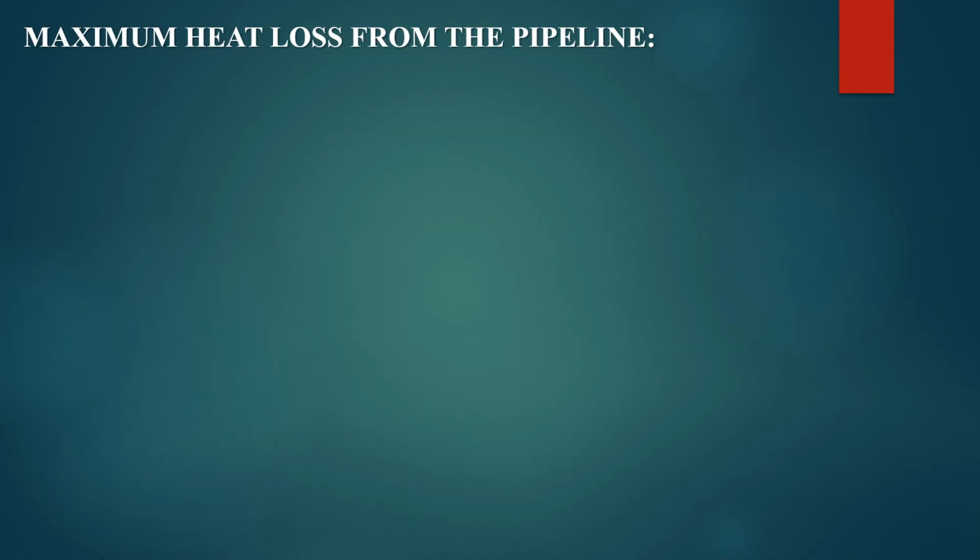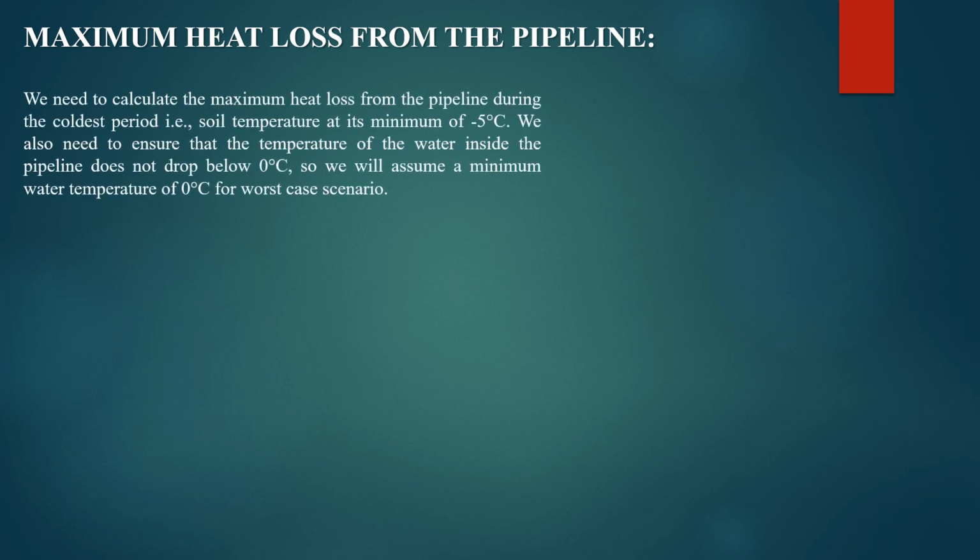To calculate the maximum heat loss from the pipeline, we need to consider the coldest period, where the soil temperature is at its minimum of minus 5 degrees Celsius. We also need to ensure that the temperature of the water inside the pipeline does not drop below 0 Celsius, so we'll assume a minimum water temperature of 0 degrees Celsius for the worst case scenario.